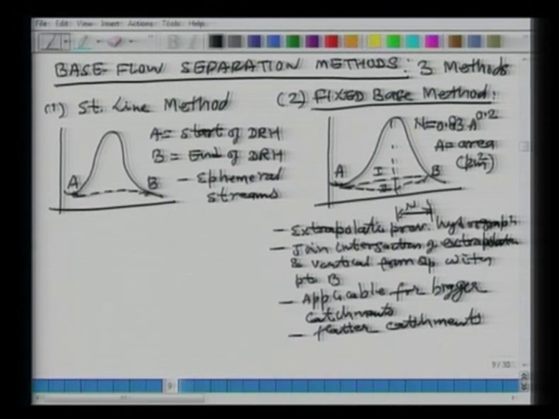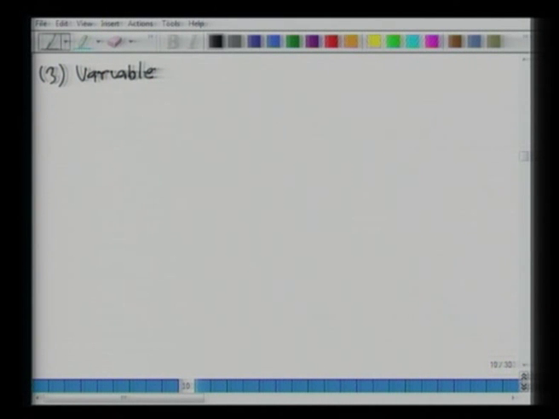The third method is called the variable slope method. Okay.